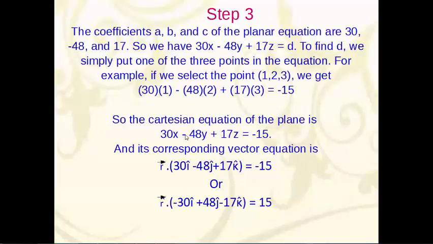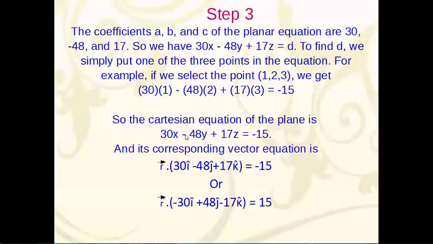Now, in step 3, the coefficients a, b and c of the plane equation are 30, minus 48 and 17. So we have 30x minus 48y plus 17z equal to d as the equation of the plane. But here d is unknown. To find d, we simply put one of the 3 points in the equation. For example, if we select the point (1, 2, 3), we get d as minus 15.